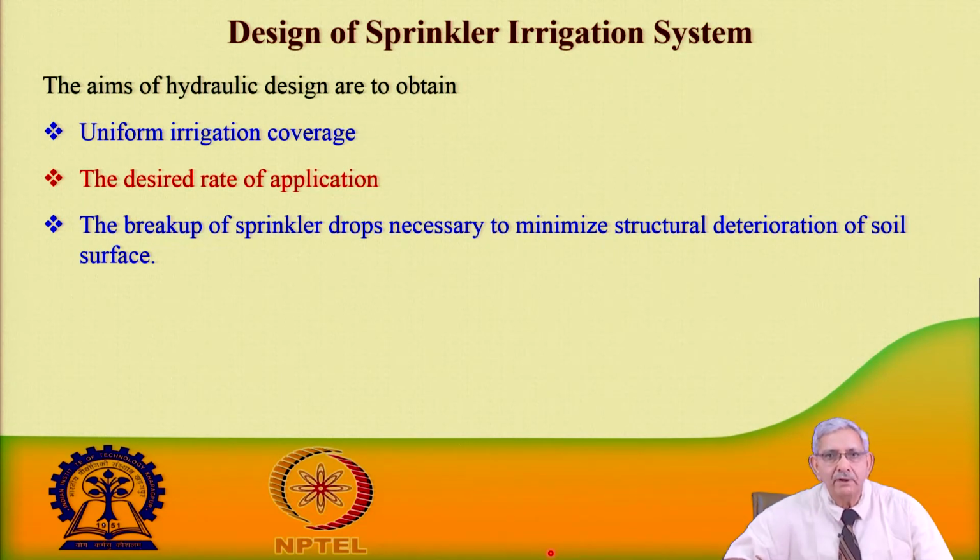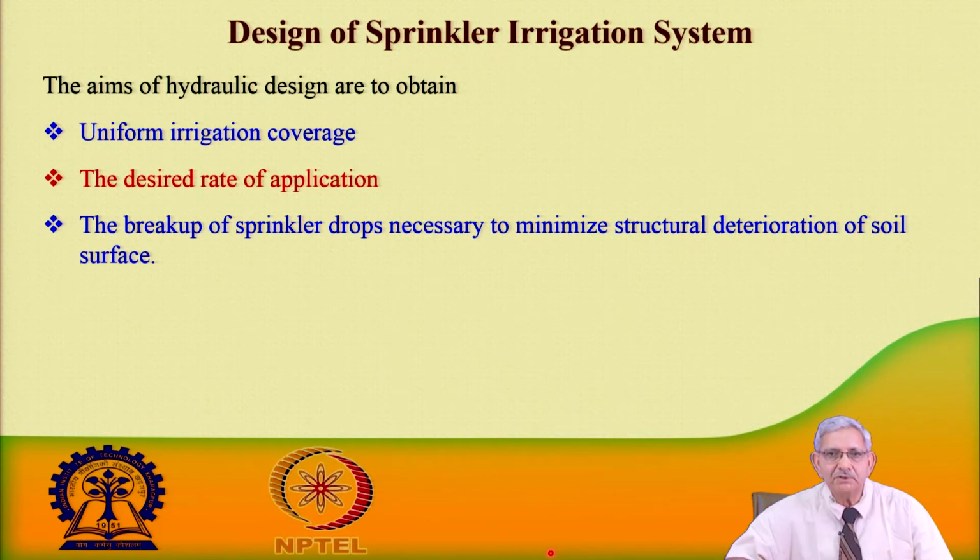The second part is the breakup of the sprinkler jet, which converts to droplet size. That can cause deterioration of soil structure and seal the surface.